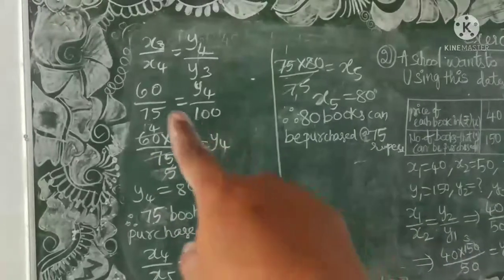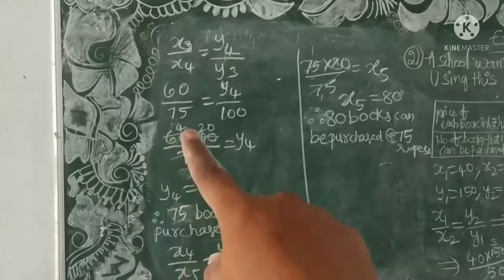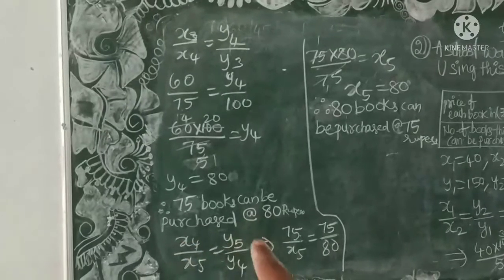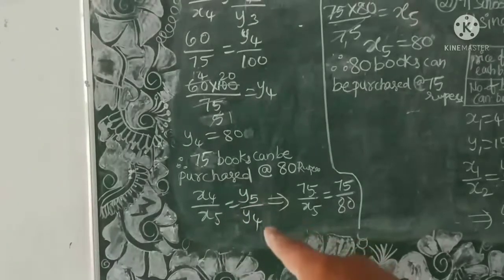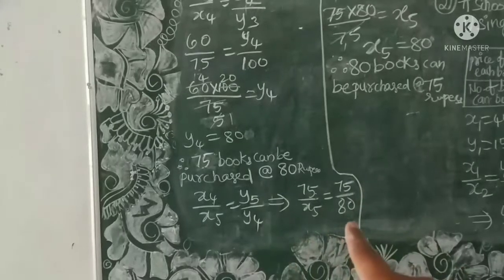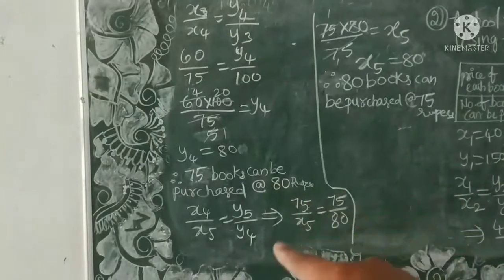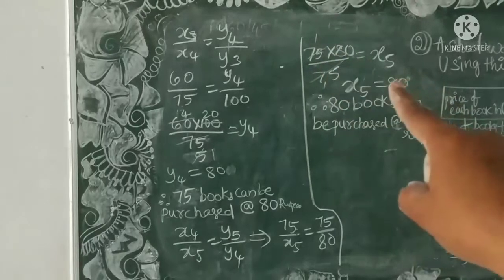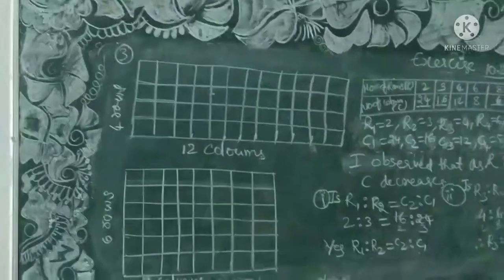So 60 into 100 by 75 is equal to y4. 15 fives are 75, 4 fives are 20, so we get 4 times 20, which is 80. Therefore, 80 books can be purchased at the cost of 75 rupees. And in this case, x4 by x5 is equal to y5 by y4. Here x4 is 75, x5 we don't know, y5 is 75, y4 is 80. By cross multiplication, x5 goes up, 80 goes up, 75 comes down: 75 into 80 by 75. 75 cancels with 75, and we get x5 equal to 80. Therefore, 75 books can be purchased at the cost of 80 rupees.